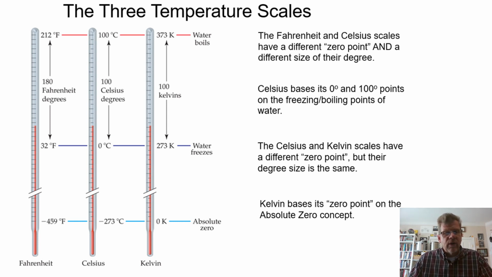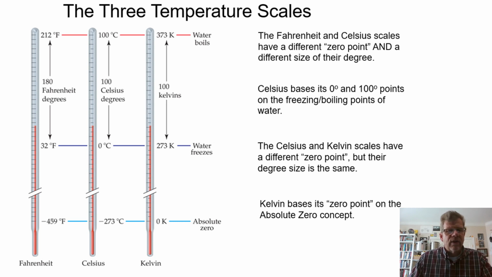So as we can see over in the bottom left here, there's three units of measure that we're going to be talking about with respect to temperature: the Fahrenheit scale, the Celsius scale, and the Kelvin scale. And we'll compare these one to one, differently between these three.